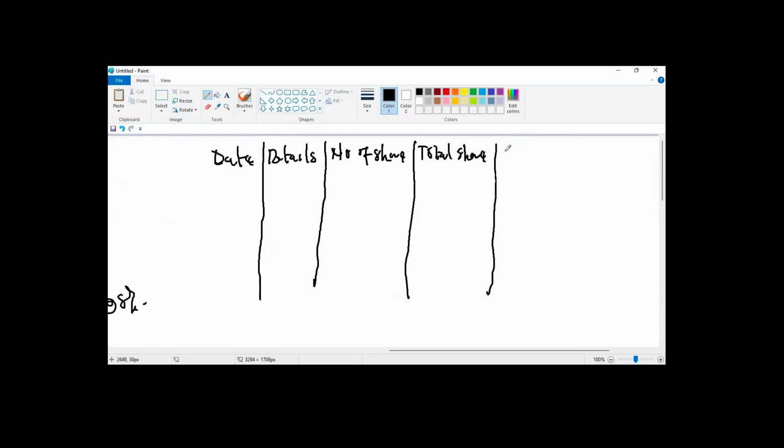Then we have the bonus factor because there's a rights issue. Then next we have the time factor. Then the weighted average shares.